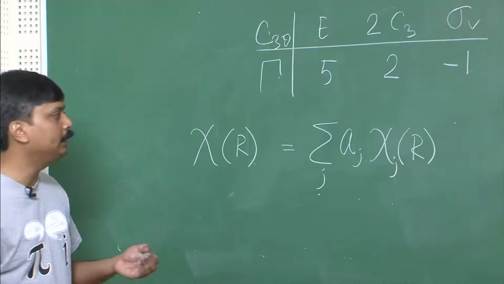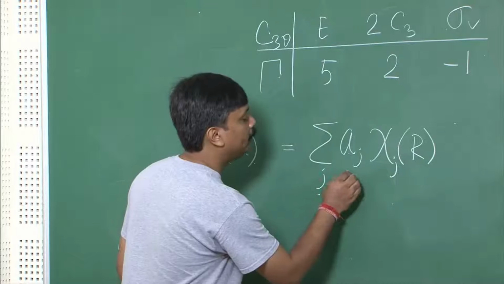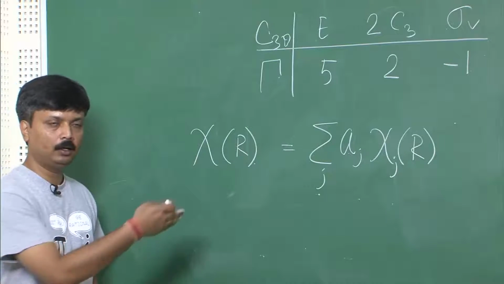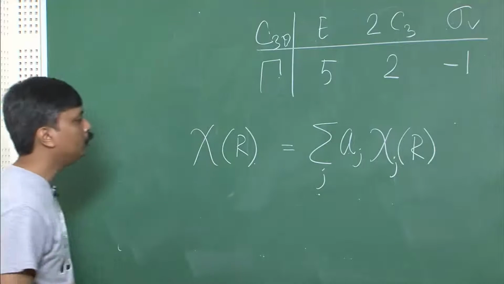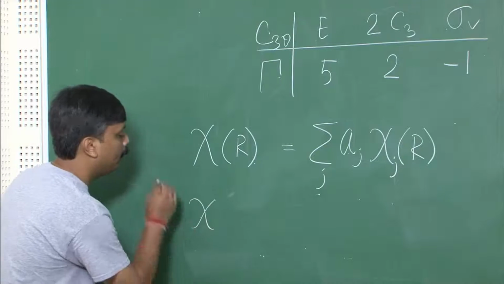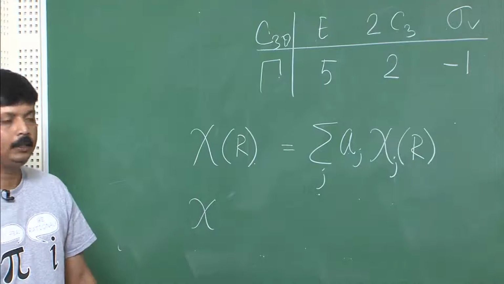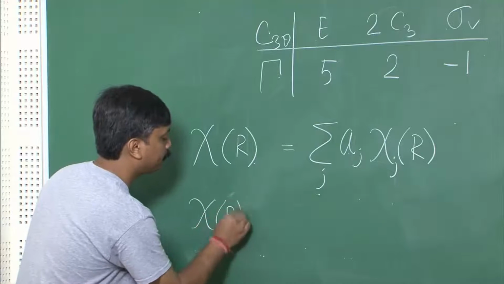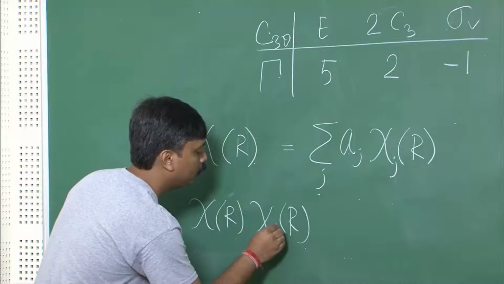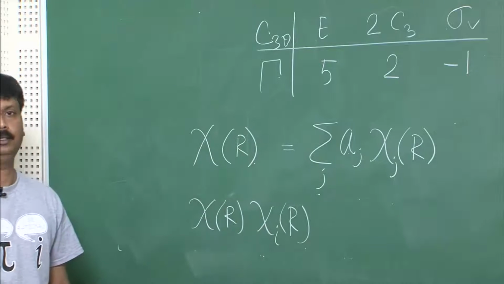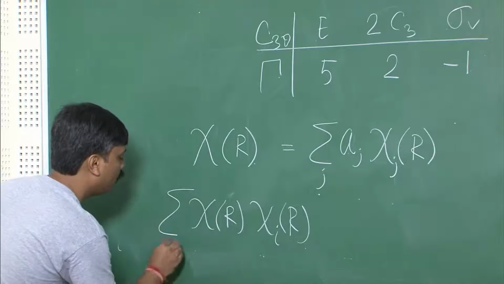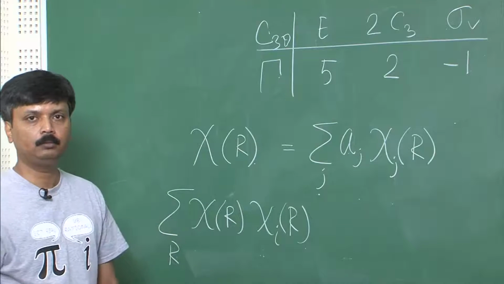So now let us see if we can find a mathematical relation by which I exactly determine the value of this A, that is the coefficient in this equation. So in order to do that, what I can do is I multiply both these sides by chi of R corresponding to an ith irreducible representation, and then I sum it over all the symmetry operations, right.